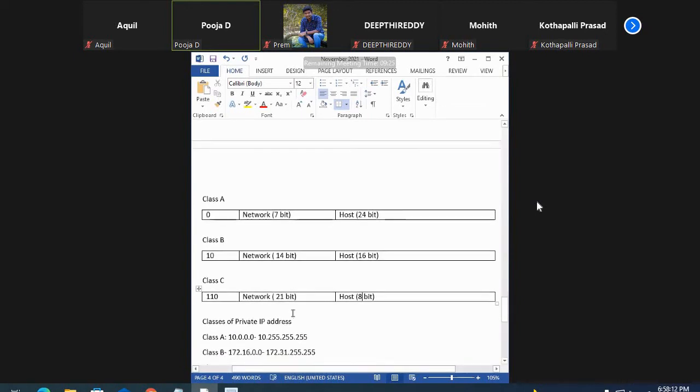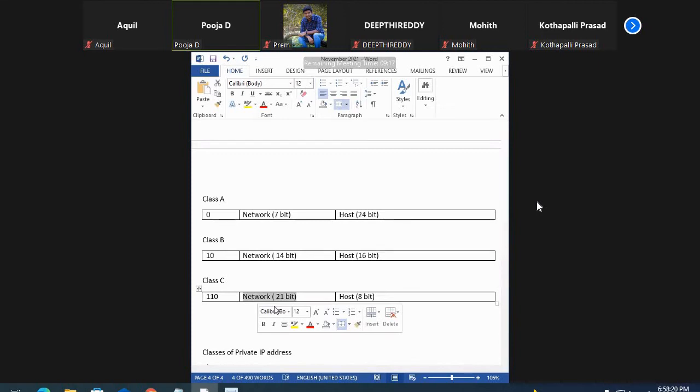So here you can see we have divided it 3:1. The 3 becomes 8 into 3, which is 24 bits: 21 plus the 3 leading bits is 24. So the network becomes 24 bits, and the host becomes 8 bits.